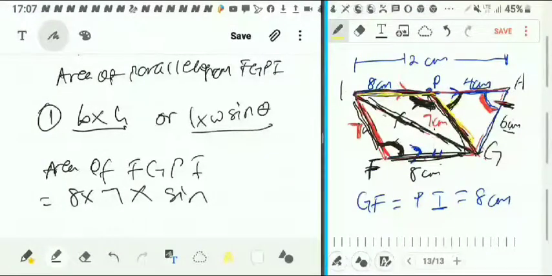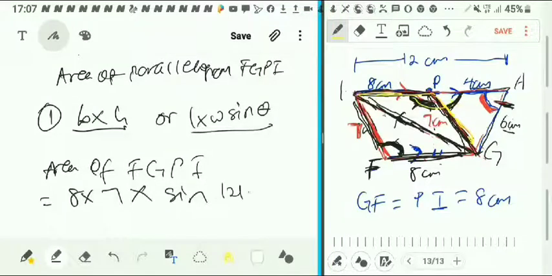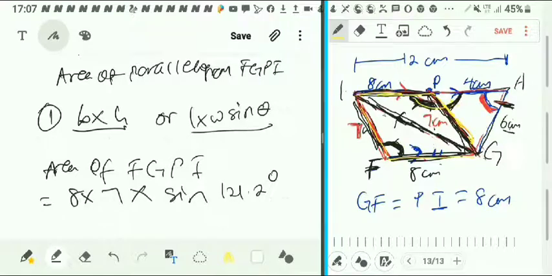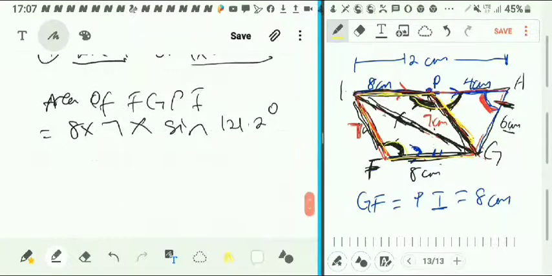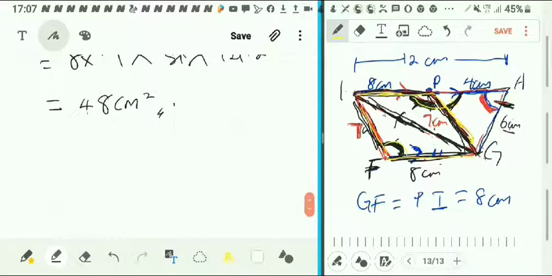So 8 times 7 times sine of 121.2 degrees. You can also decide to use this side, 7 times 8, and you get the same answer and the same degree. When you punch this in your calculator, you're going to get 48 centimeter square. So the area of that shape is 48 centimeter square.